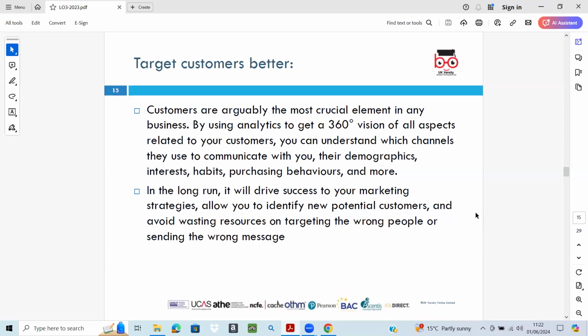We can have market expansion. By analyzing customer data, businesses can identify emerging trends, untapped markets, and areas for growth, facilitating strategic decision making and market expansion opportunities as well. So these all are the important aspects.